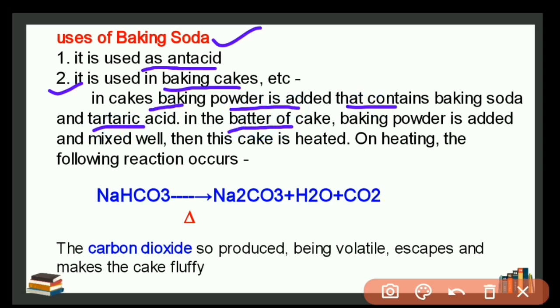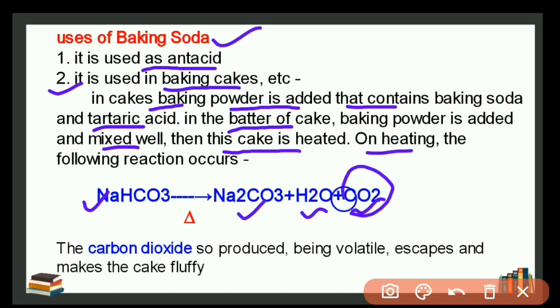Then baking powder is mixed well, and the cake is heated. On heating, the following reaction occurs. When we heat baking soda, sodium hydrogen carbonate, it decomposes into sodium carbonate, water, and CO2 gas.